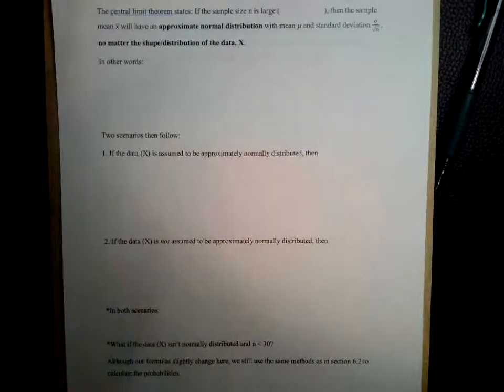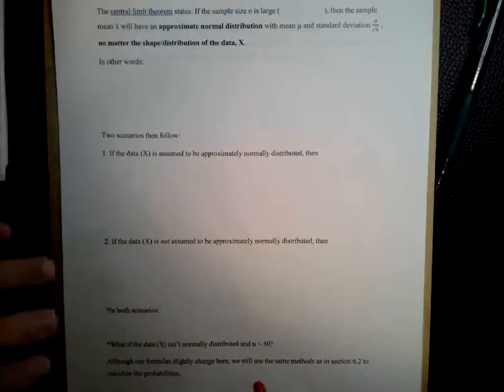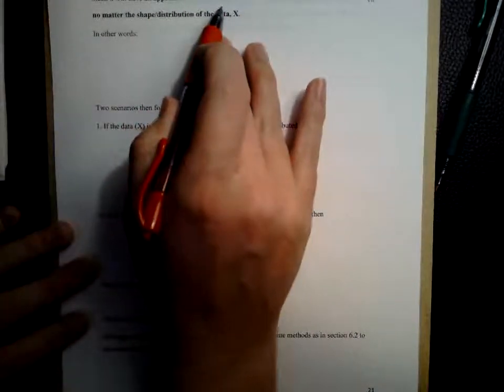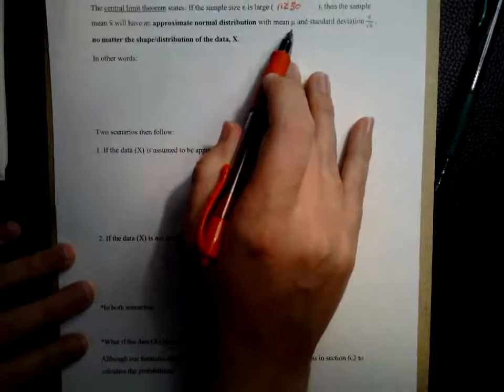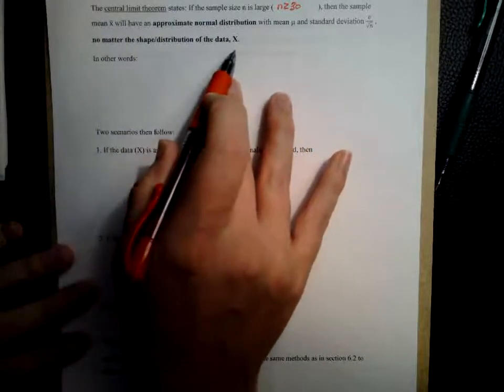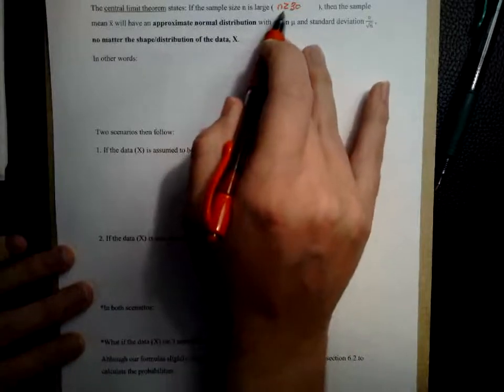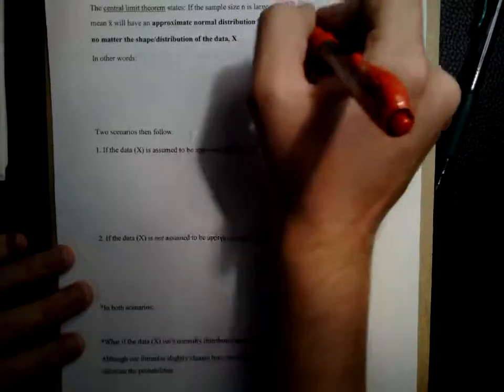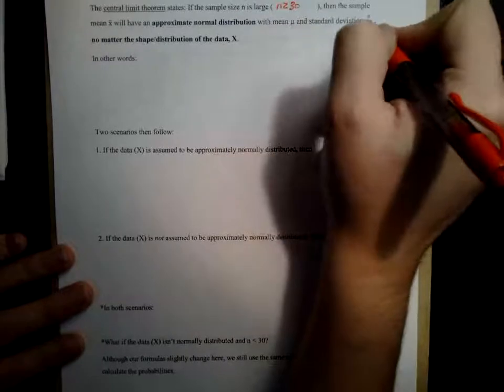The central limit theorem states if the sample size n is large enough, and we define large as n greater than or equal to 30, then the sample mean X bar will have an approximate normal distribution with the mean mu and standard deviation sigma over the square root of n, just like we had on the previous page, no matter the shape or distribution of the data. So as long as our sample size is greater than or equal to 30, the distribution of the sample means will be normal with this mean and this standard deviation.